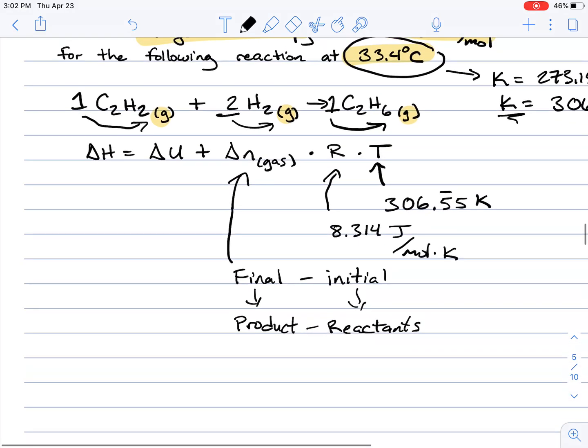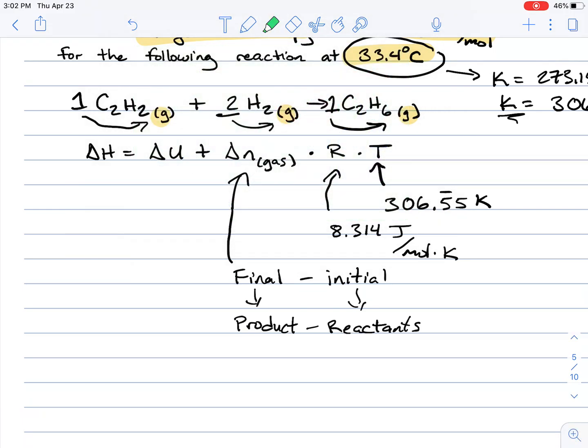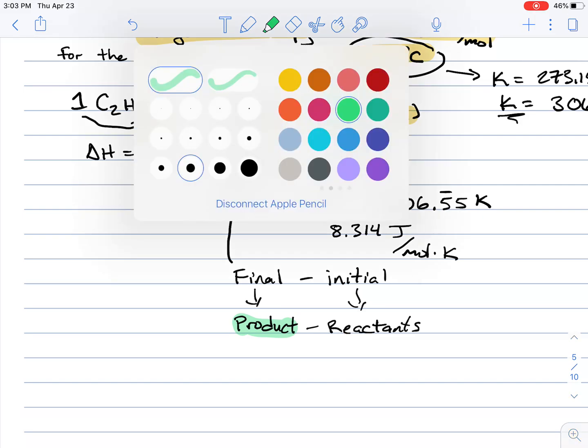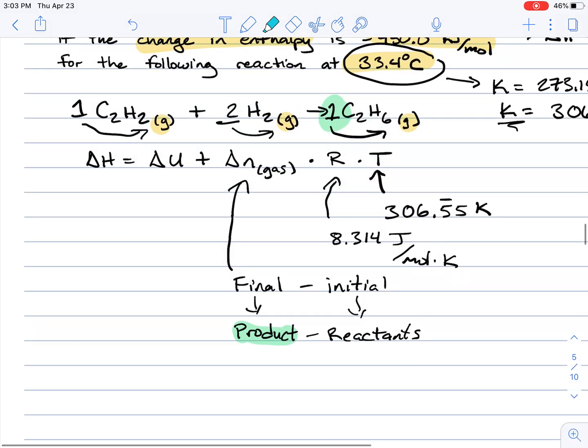And so the number of moles of gas that I have for my product is just 1. And the number of moles of reactants that I have is going to be 2 plus 1. So here I have 1 minus (2 plus 1).